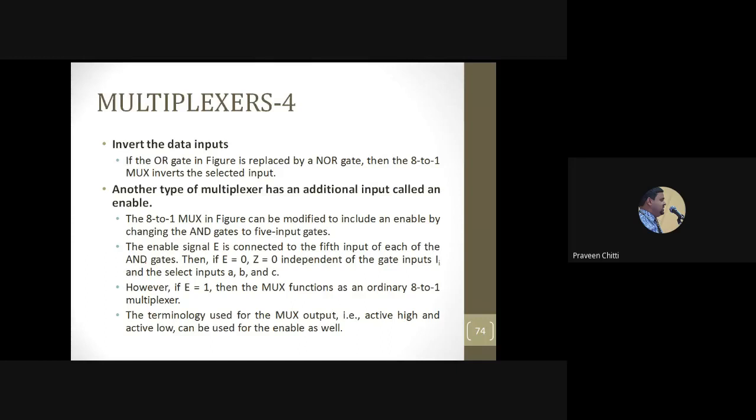Now, suppose the OR gate in the figure is replaced by a NOR gate, then what happens? Then the 8 to 1 mux inverts the selected input. That means you will get the same selected input, but the output will be in complemented form.